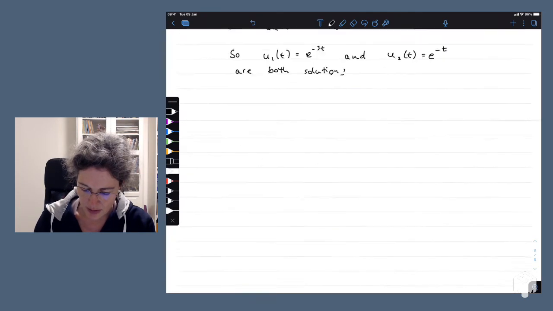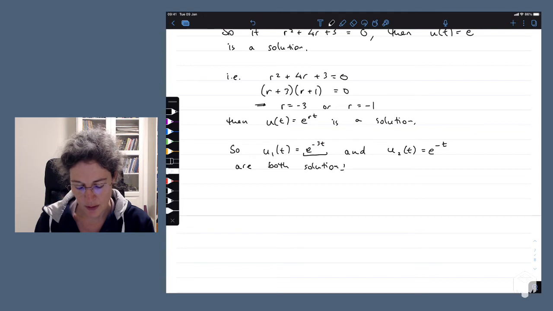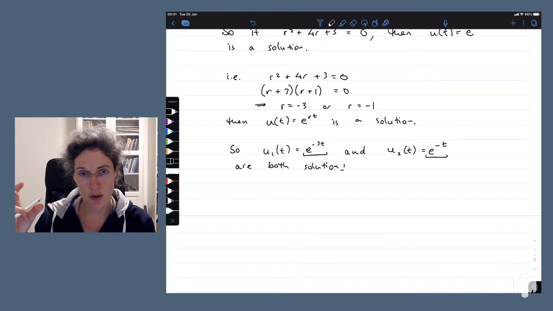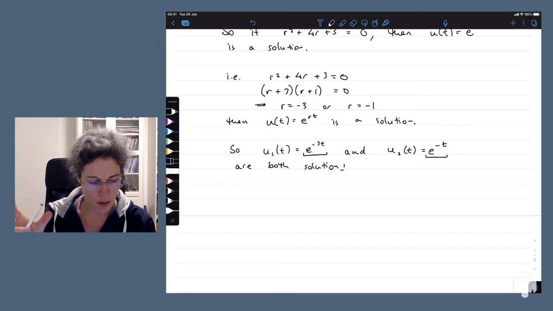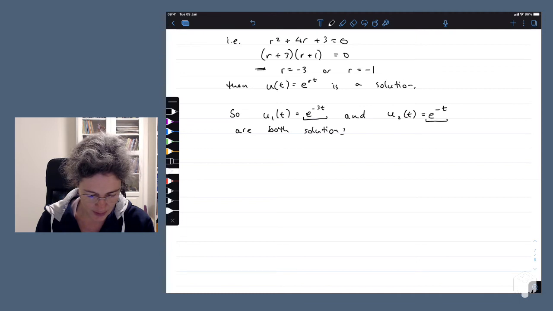And that means that if we put in any multiple of e to the minus 3t, you can see that that will again be a solution. Similarly, if we put in any multiple of this, that will be a solution. And in fact, if we put in any sum of any multiple of those two, that's also going to be a solution. So let's just check that, because it sounds kind of crazy on the face of it.